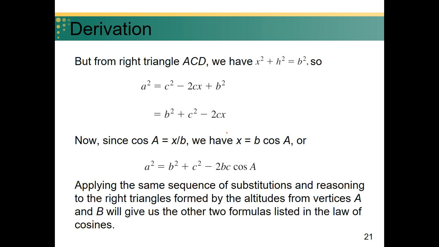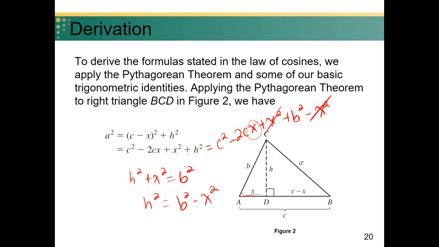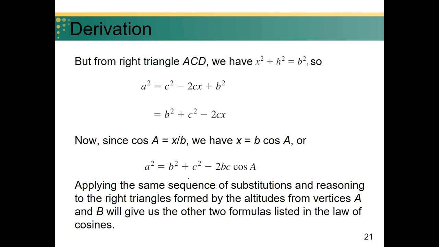And then, cosine of A is not x over h. That was dumb. That's cotangent. Adjacent over hypotenuse is x over b. So b cosine A is x. So this is c squared minus 2c b cosine A plus b squared. And then we write it in a less crazy way here.